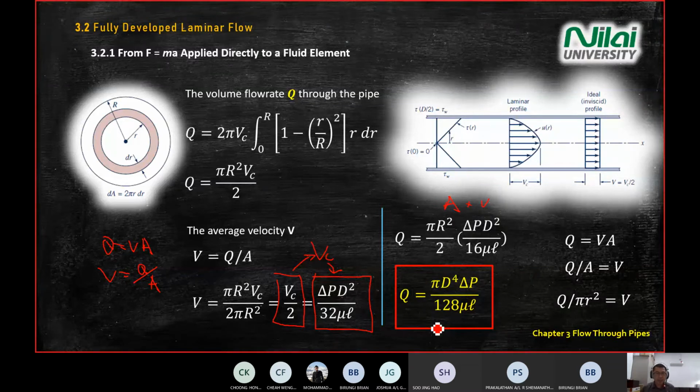For this chapter, Q equal to pi d power 4 delta P divided by 128 mu L is very important when we have a laminar profile, because we are using VC and the velocity profile of this one. And of course, you can use this equation for inviscid flow also.